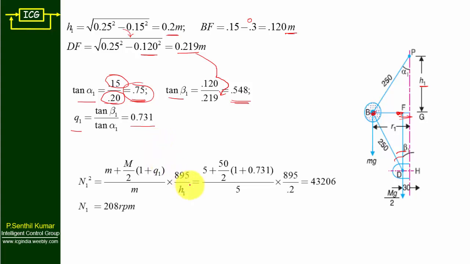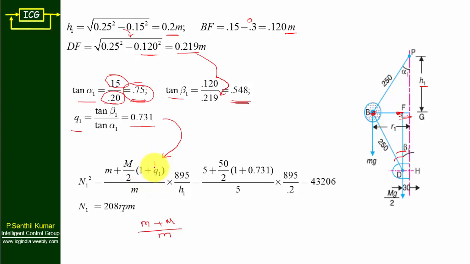Now I'm going to apply all these things on the standard formula. So this is the standard formula. N1 squared equals m plus M by 2 times (1 plus Q1) multiplied by 895 divided by H1. But in the previous two problems, we used a simpler formula, because in the previous two problems Q equals 1.